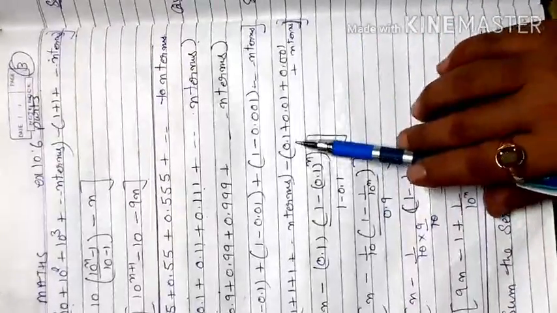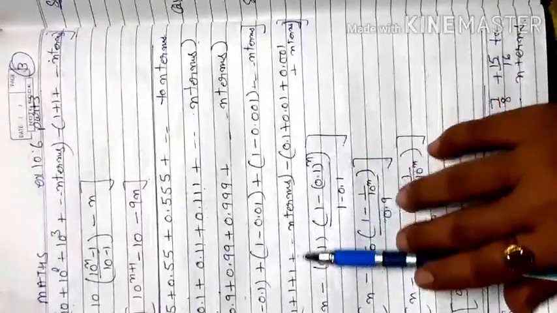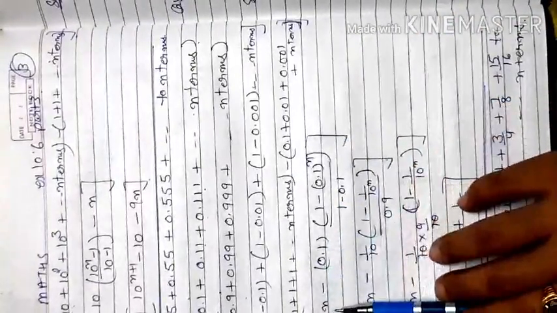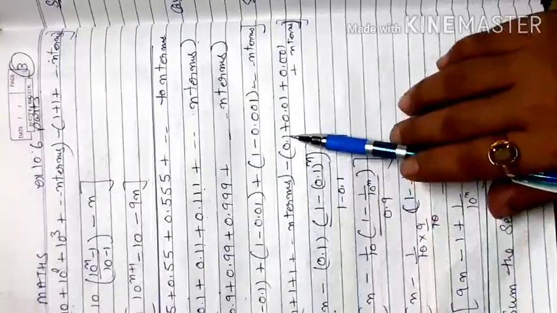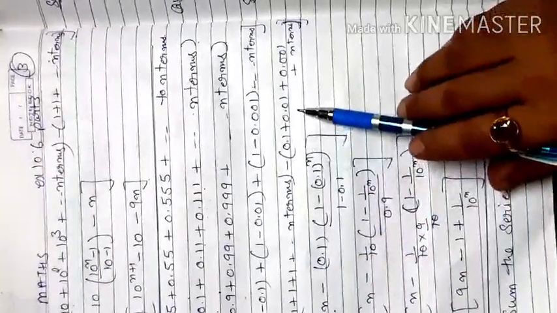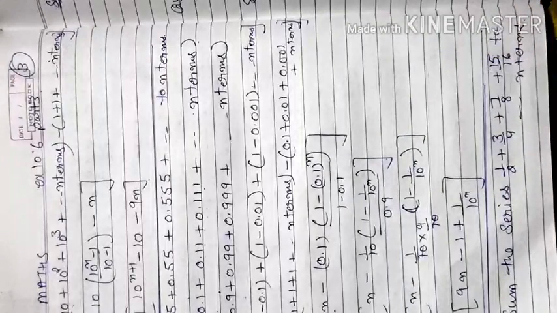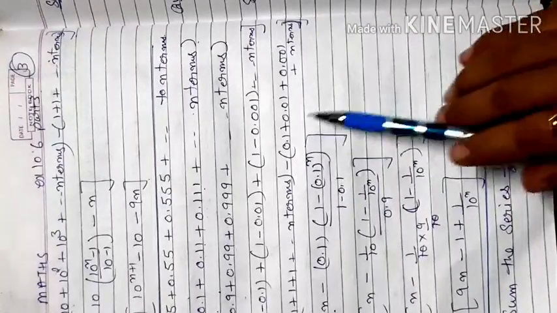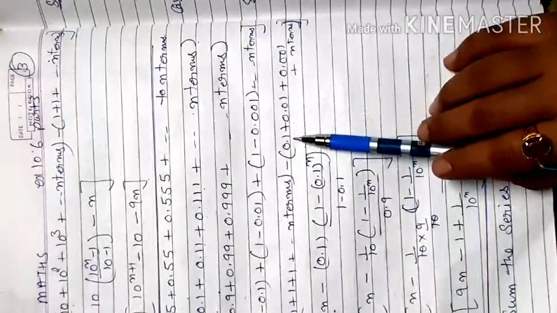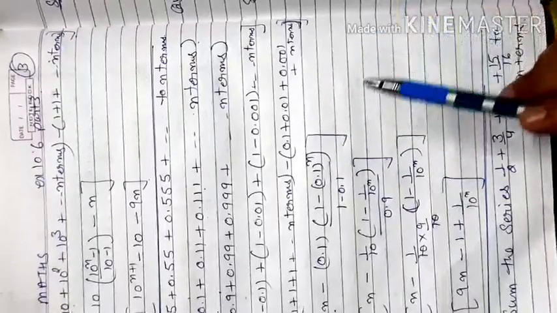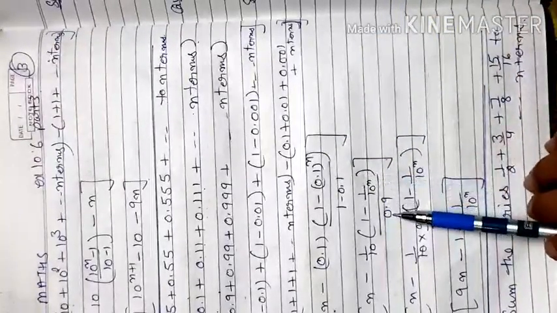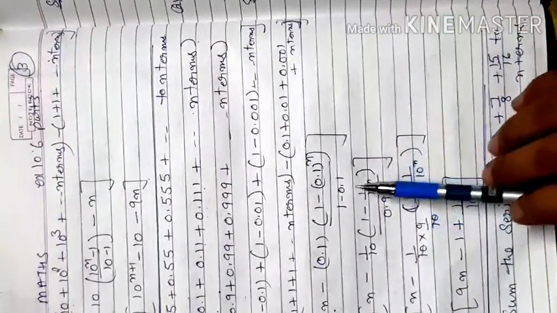Here this is n, 1 is added n times, so n multiplied by 1 will be there. A term is 0.1, r is 0.1, raised to power n, because here r value is when you divide 0.01 by 0.1, that gives you 0.1. Here 1 minus 0.1 gives you 0.9.